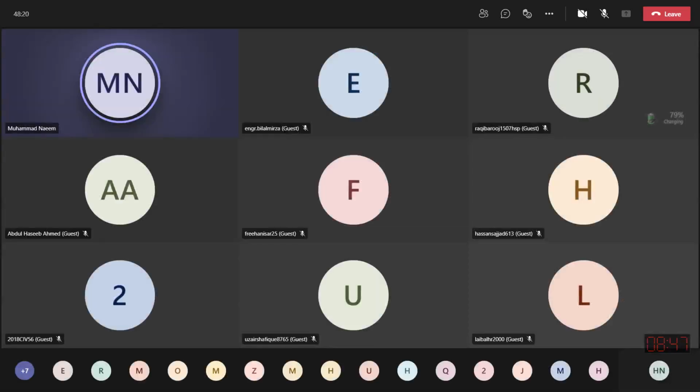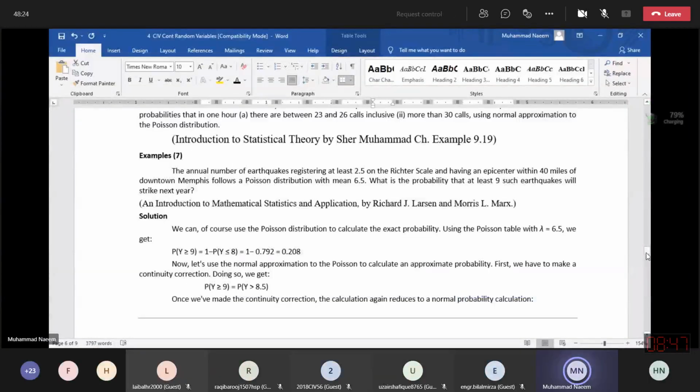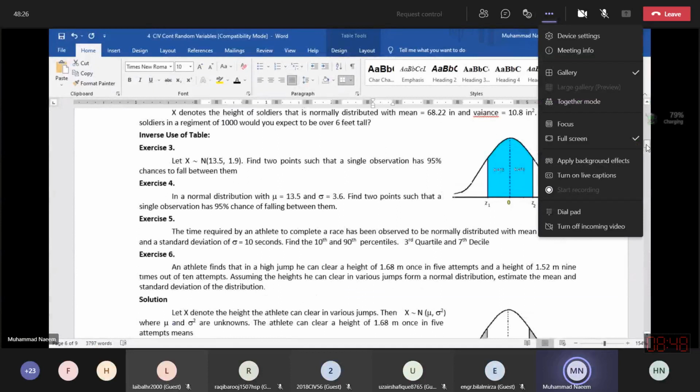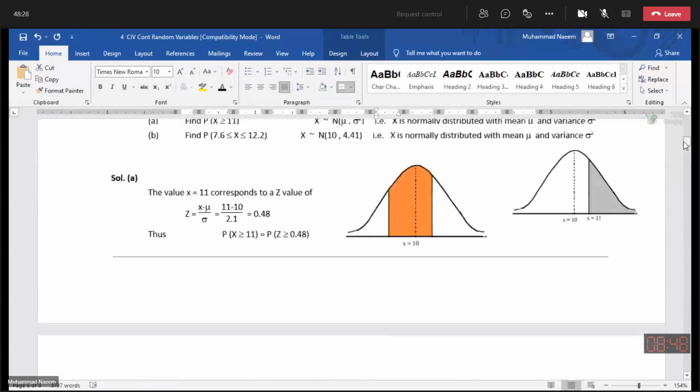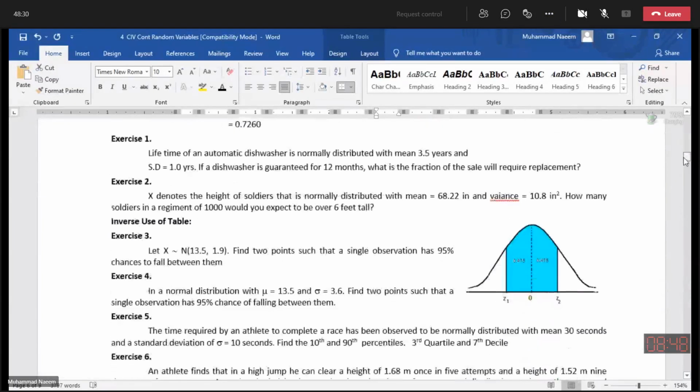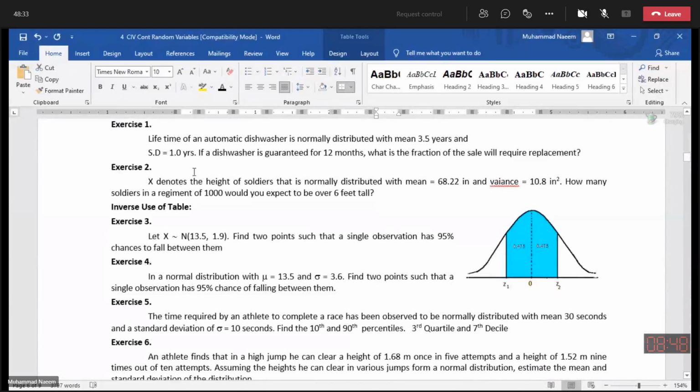Now check some other problems. For example, we have this situation. The lifetime of an automatic dishwasher is normally distributed. So quickly draw that diagram and point out the mean value in the center.